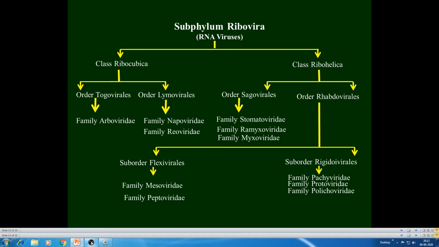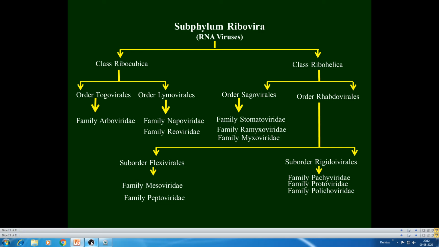One form is flexible and another one is very rigid. That is why Flexivirales and Rigidovirales. And Flexivirales have two families, Mesoviridae and Peptoviridae. But Rigidovirales have three families, Pachyviridae, Protoviridae, and Polycoviridae.